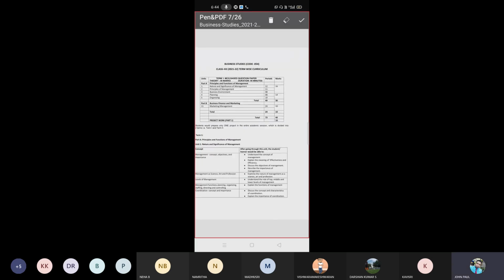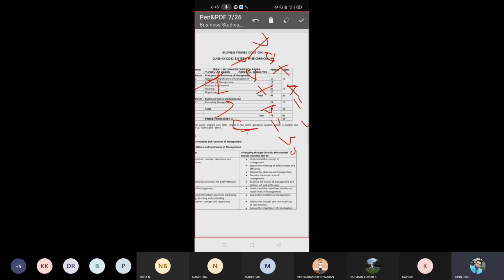And here we need to do two project works. Previously we had to do only one. So now we need to do two projects. So project work part one, 10 marks. In the previous curriculum, what we had was part A, which consists of 50 marks, and part B consists of 30 marks, then project of 20 marks.